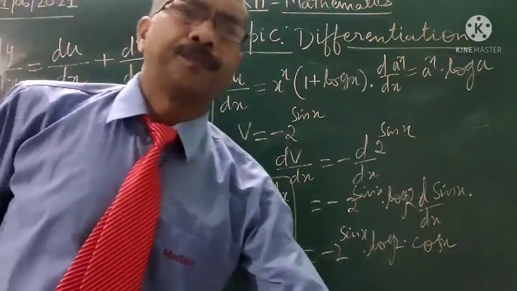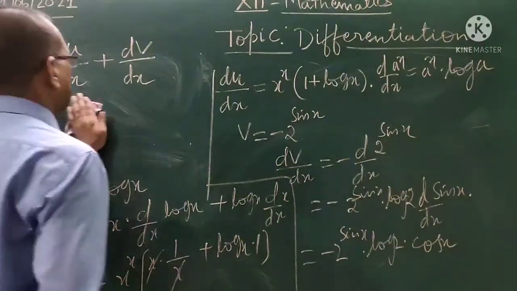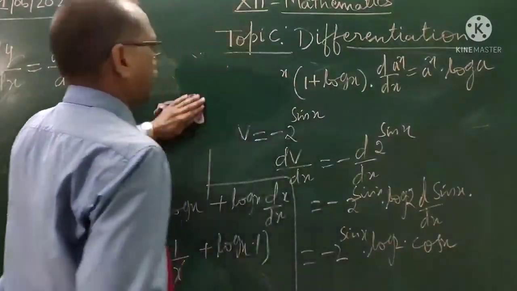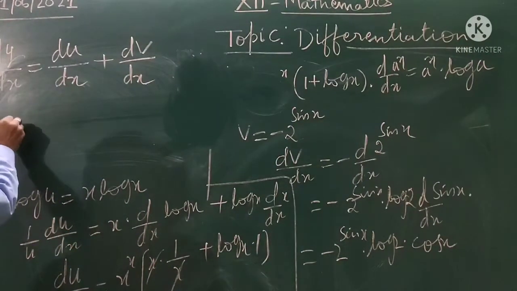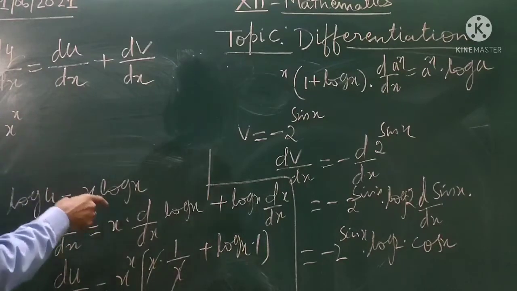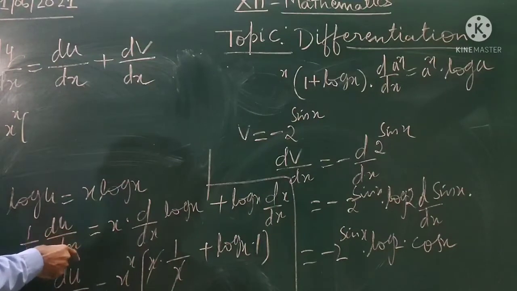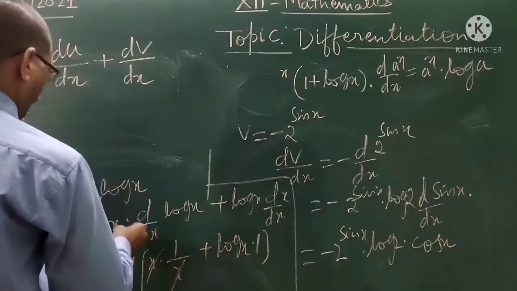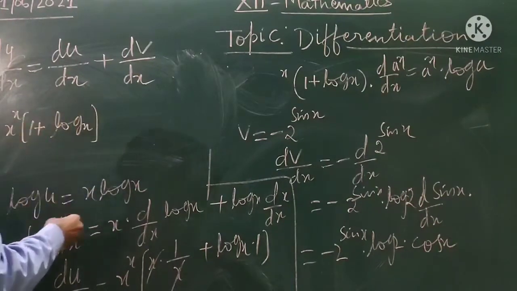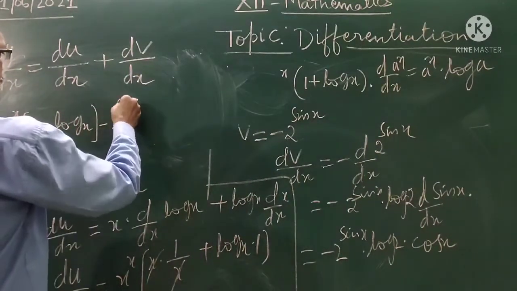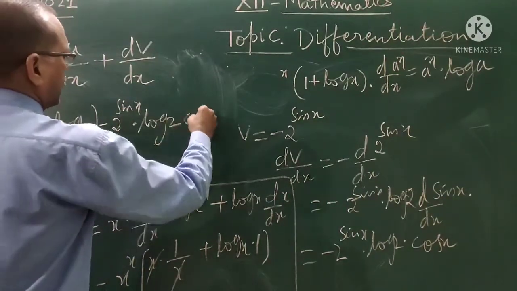Therefore final answer, it is x power x, bracket 1 plus log x, minus 2 power sin x into log 2 into cos x.